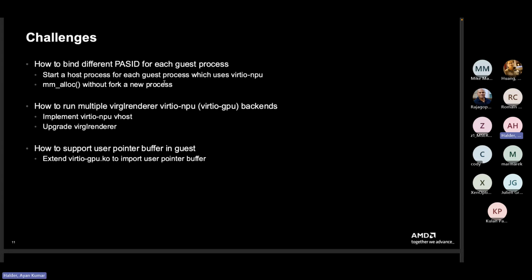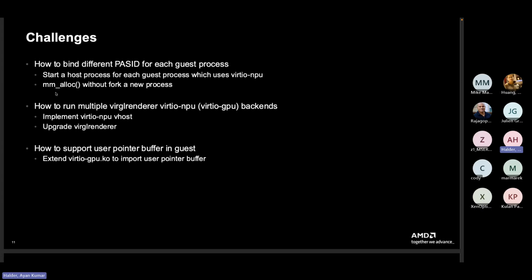Another thought is that maybe we can modify the Linux kernel, like implementing malloc to just create a page table without forking a new process. I don't know if that's possible.